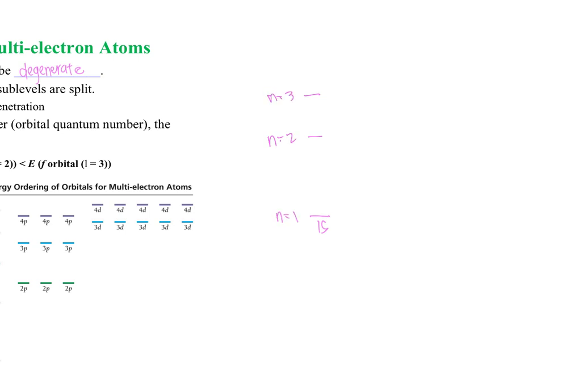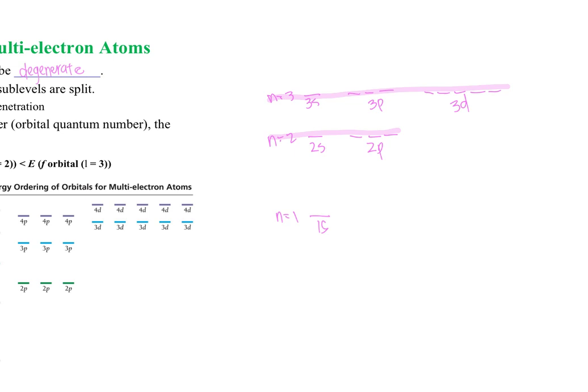What we also had is the p orbitals. So I had 2s, 2p. I had 3s, 3p, and 3d orbitals. And every orbital on the n equals 3 level was degenerate. Every orbital on the n equals 2 level was degenerate, meaning they're at the same level.